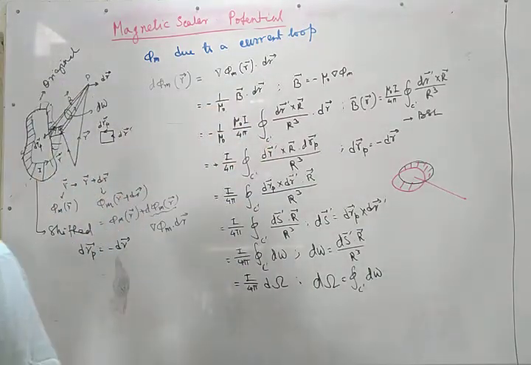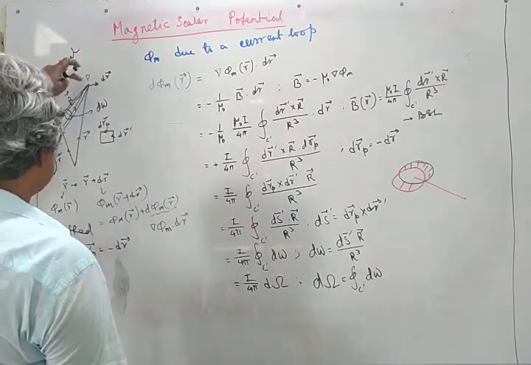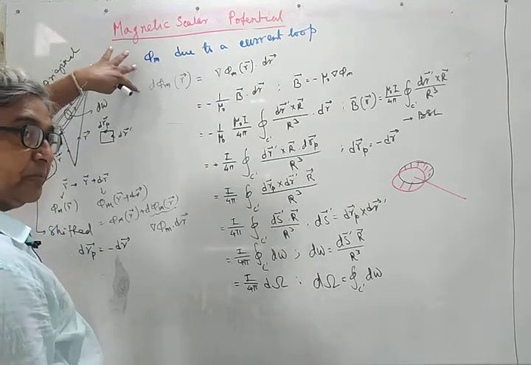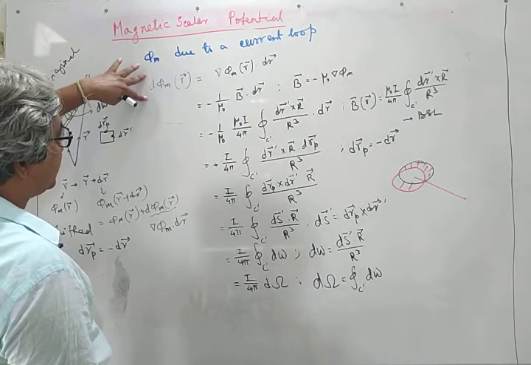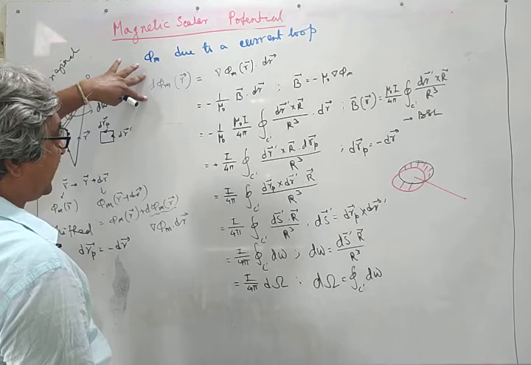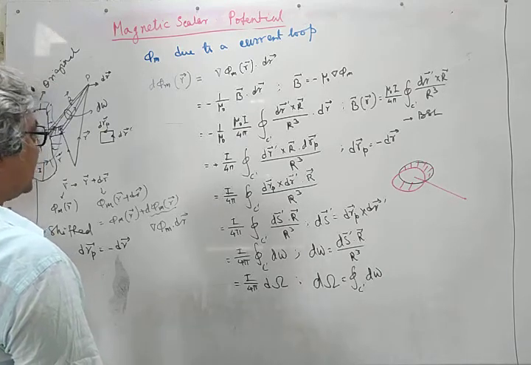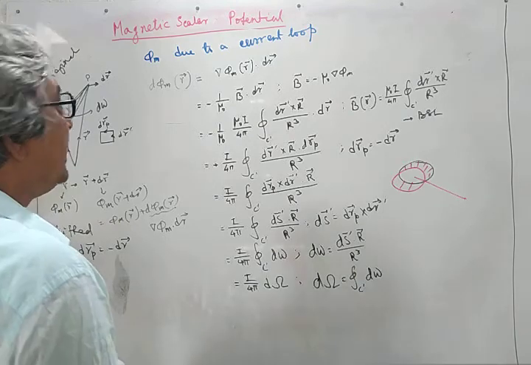Now, if we want to integrate it to get the scalar potential at this point, then we must integrate it between its present position and a reference position. In the standard position, we assume the conductor to be at an infinitely large distance, which, since the conductor is of finite extent, subtends zero solid angle at the field point, and when it is taken to its present position, it gives the total solid angle subtended by the conductor at the field point.